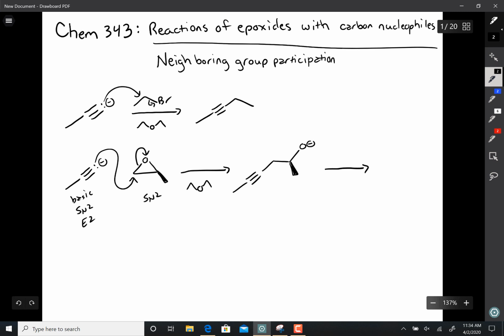And then to finish up the reaction, after we've had all the acetylide add to that, what we're going to do is add to the flask a little bit of acid and water. H3O plus is what's called an acidic aqueous workup.